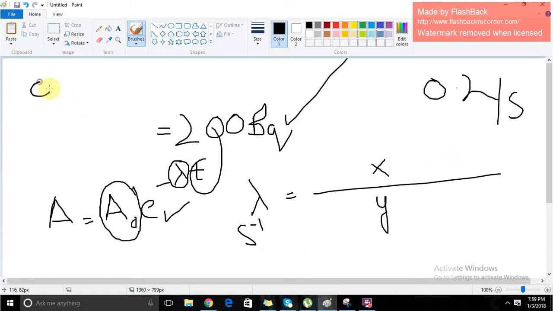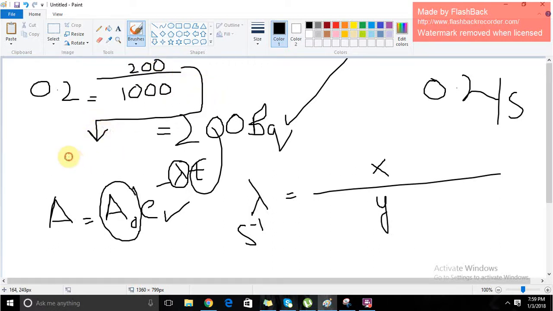Because we have 0.2 and we initially have 1000, to get a value of 0.2, 200 would need to have decayed, and so after a time interval of 1 second, we would have been left with 800 nuclei.